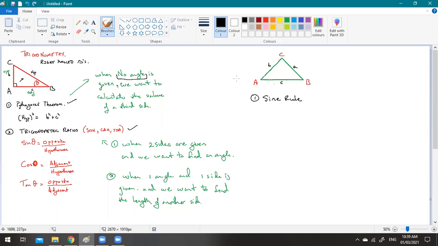Yes, sir. Right. So the A's, B's, and C's in this case represent the angles. So the angle here is capital A, the angle here is capital B, the angle here is capital C, right?